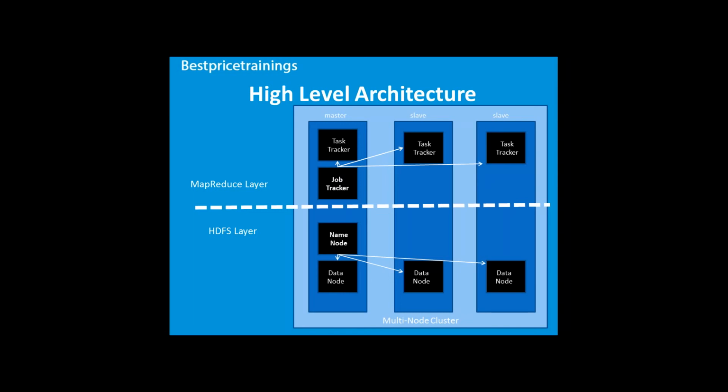This is optional, not mandatory, that you can keep your task tracker and data node on the master server also. This is how we can plan to design our Hadoop cluster. The job tracker will be interacting with all the concerned task trackers, and the name node will be interacting with all the concerned data nodes. So that's about the basic DFS high-level architecture.